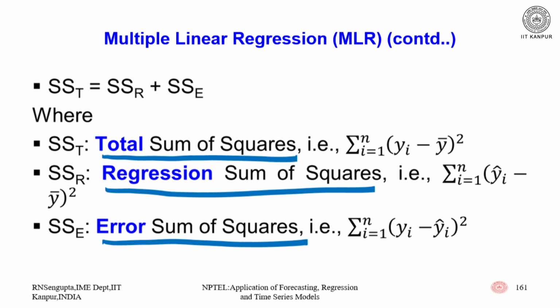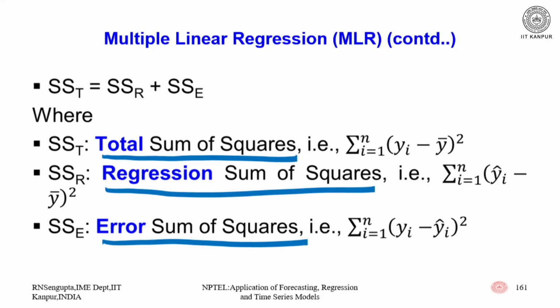I won't use the word error. Now, that deviation comes from two parts. One is the deviation which is being explained and another is the deviation which is not being explained. The deviation which is not being explained is given by the third term, SSE, the error sum of squares. And the component which is being explained is SSR, known as the regression sum of squares.